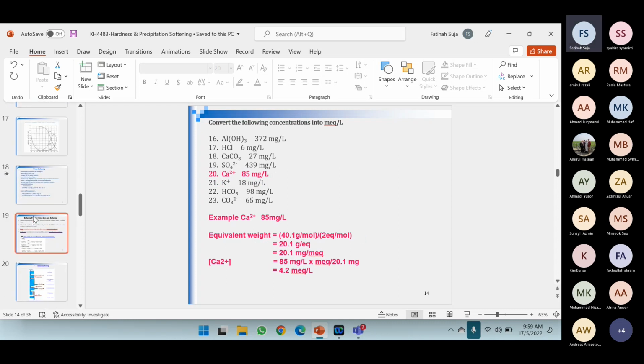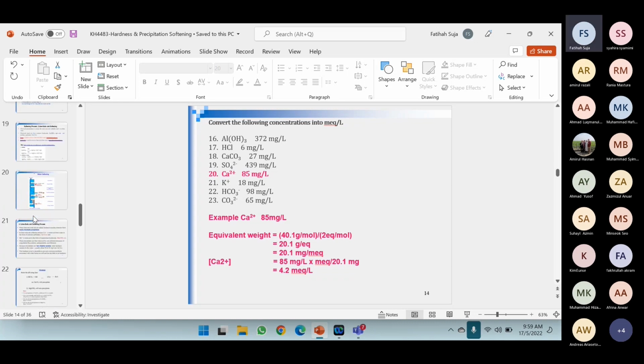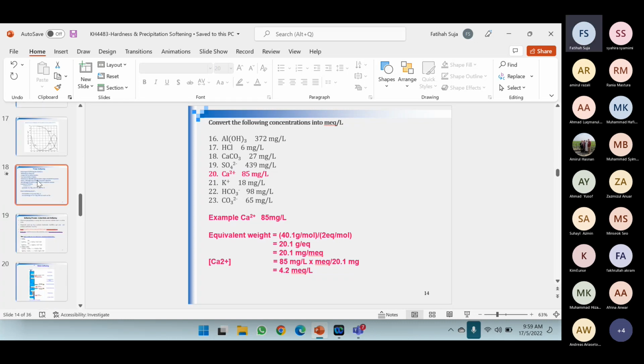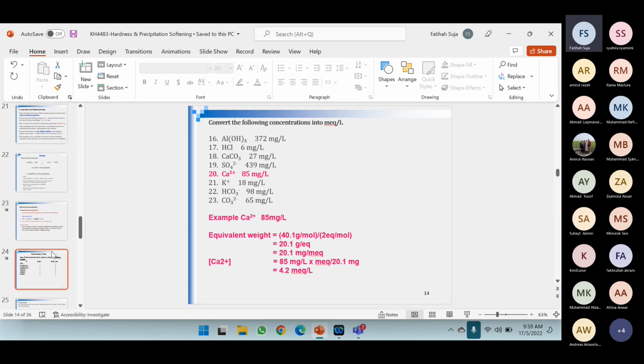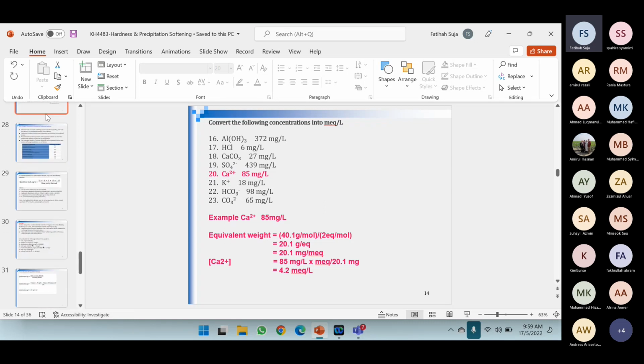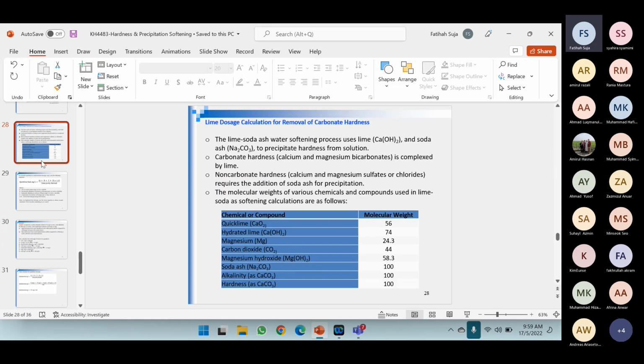So we will stop here and I will give you a quiz on the conversion of hardness units, and about the precipitation, the removal of hardness. I will combine this part together with your ion exchange process next week, because next week we will still be dealing with the hardness problem in water.